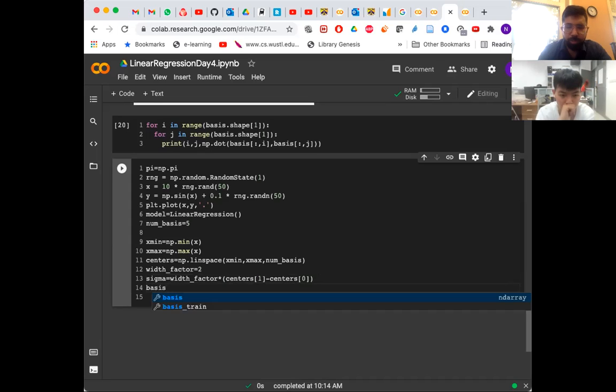So again, I would use the same strategy. It would be np.exp of minus x minus centers, whole squared, divided by 2 times sigma squared. Now let's do the broadcasting.